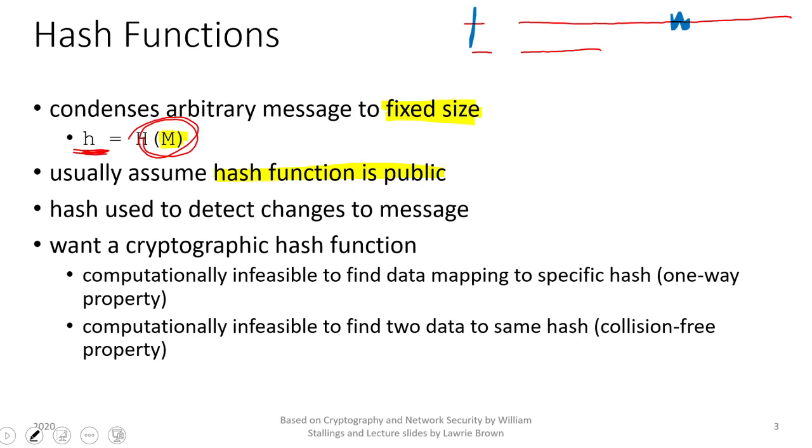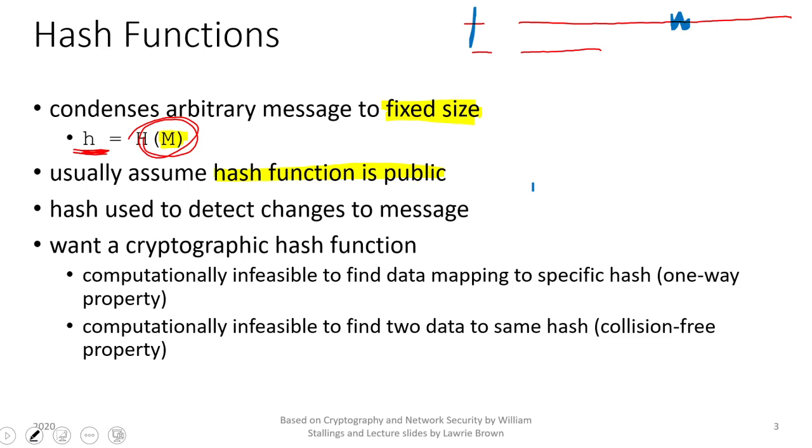When we use these functions in security applications, we need these functions to satisfy a couple of properties. One is that it should not be possible for us to come up with a mapping to a specific hash.